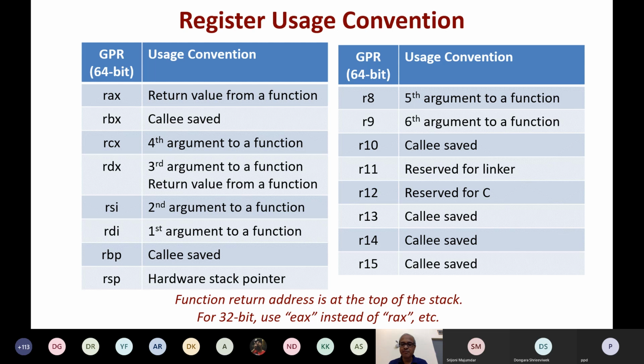Suppose initially this stack pointer contains the value 100, and if I want to push a 32-bit number, the stack pointer will get decremented by 4. It will now become 96, and the 32 bits of data will be stored in the higher 4 memory location bytes. Okay, so the stack grows towards lower memory addresses that way.